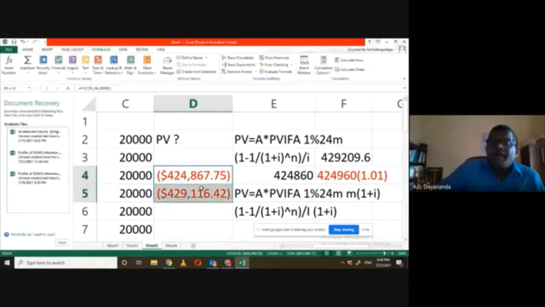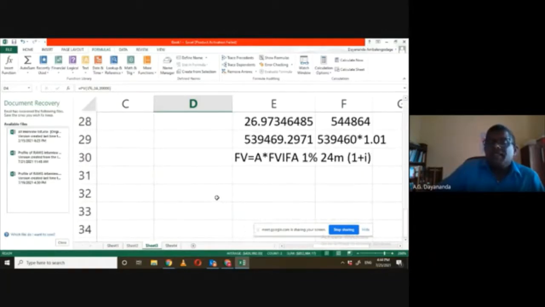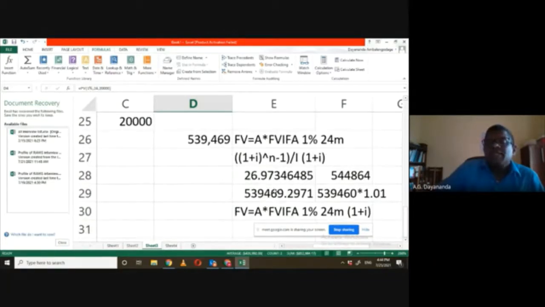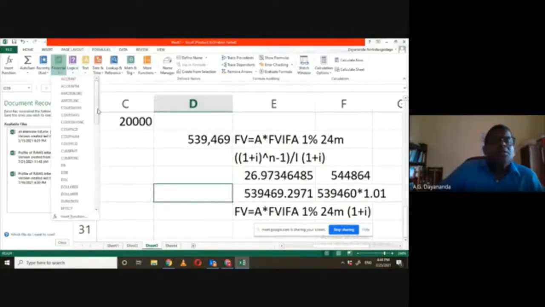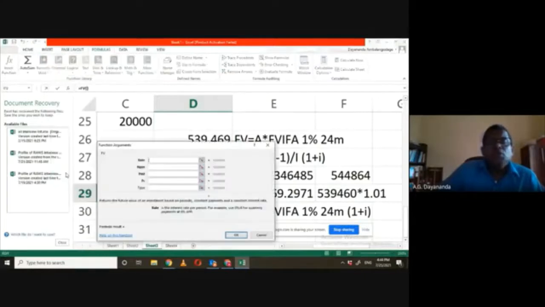In the same way, we can get this answer in the Excel sheet. Here the answer is this. How do you go? You go to the formula, financial calculator. Then you select the future value. Instead of present value, you are going to calculate the future value. So you get the same table. Here you enter the rate 1%.